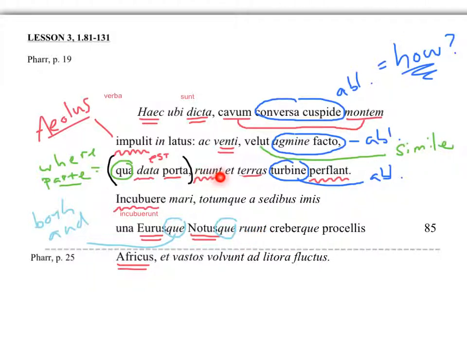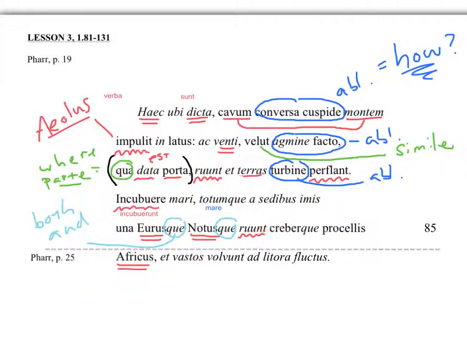Ruunt, got the same word here, but here it's taken an object, so they overturn. The totum, and you got to supply in there, mare, because it really means the whole sea, taken from right before it, you saw that. Okay, it's blue, but you guys like blue, right? So, the whole sea. Now, I know that we just had this word ruunt, and it was rush, and now you see ruunt again.